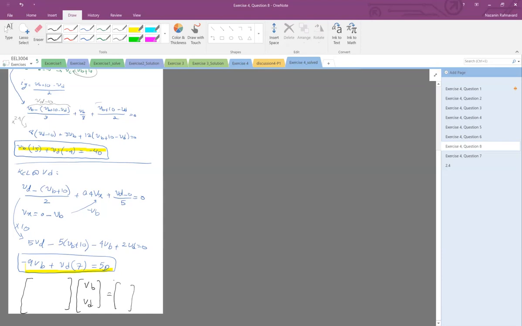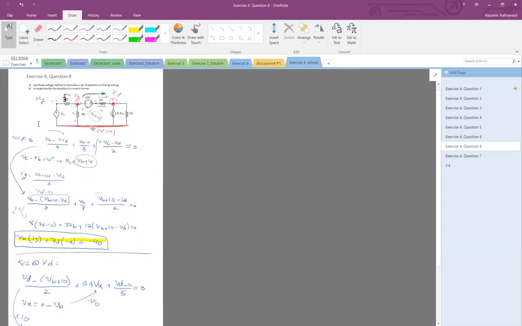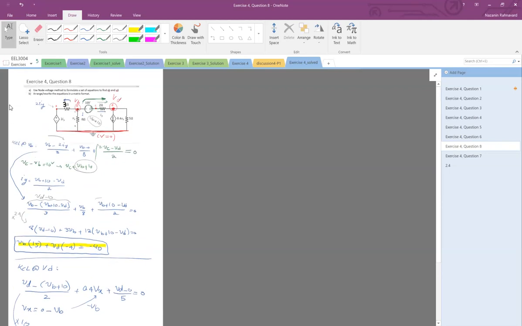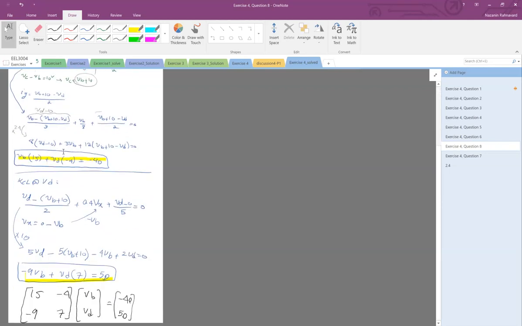First equation, 15 VB minus 4 VD equals negative 40. And then the second equation, minus 9 VB plus 7 VD equals 15. So this is the equation in the matrix format. After that, you can give it to the calculator and compute it, but we can stop here, just arranging the equations in a matrix format.